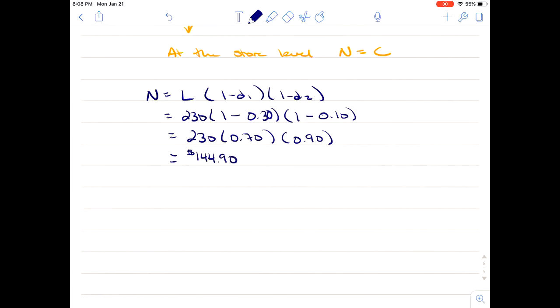No rounding required. So now we know that C must be, the cost to buy this product is 144.90.